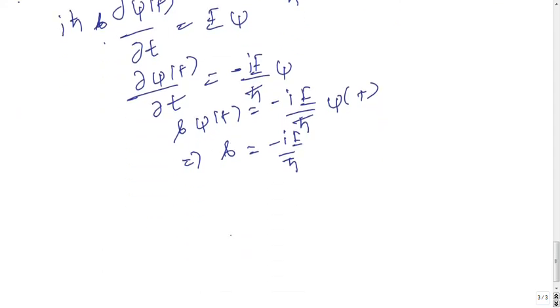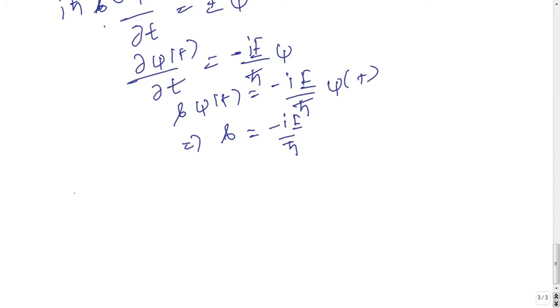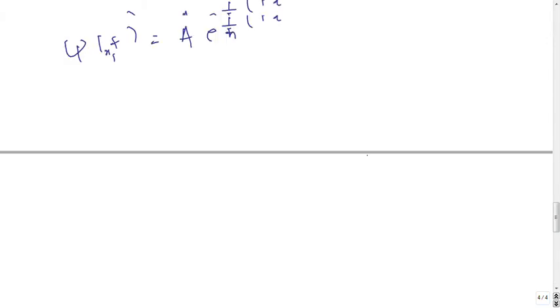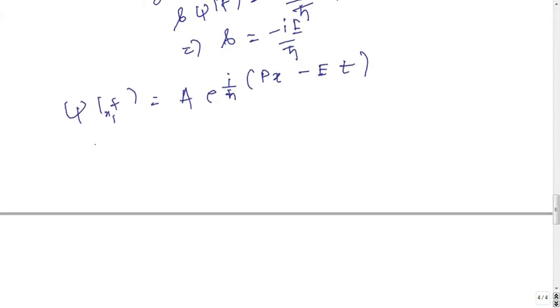Then my total wave function becomes psi of x comma t equal to A times e to the power iota by h bar, p x minus E t, which is the solution of the Schrodinger equation for a free particle, and it is an expression for a plane wave.